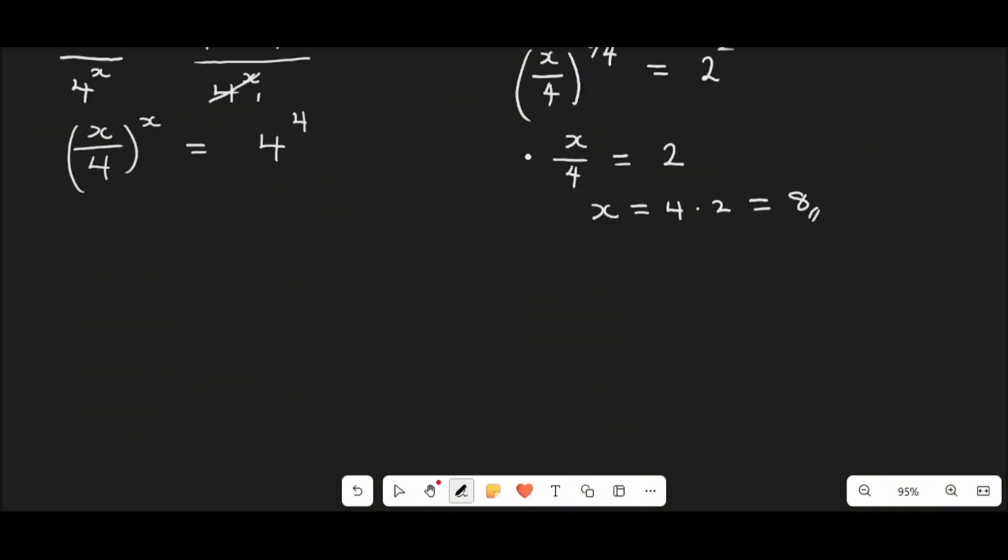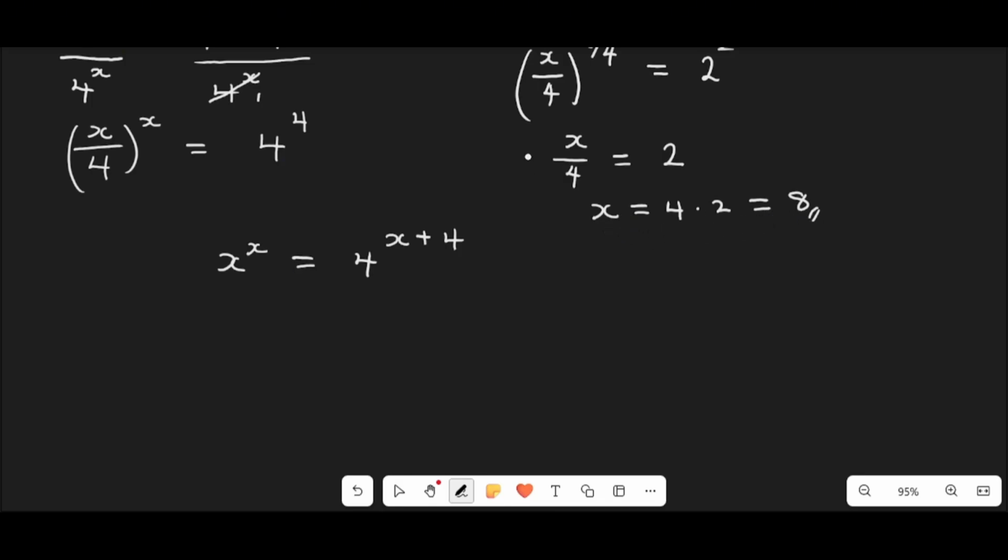Let us check our answer. The given equation is x raised to power x equal to 4 raised to power x plus 4, and the value of our x is 8.